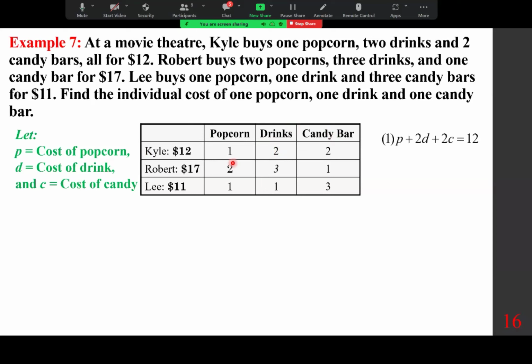For Robert, 2 times P, 3 times D, 1 times C gives us 17. And finally, for Lee, 1 times P, 1 times D plus 3 times C gives us 11. So these are the 3 equations. You solve them by any method. You decide what to get rid of and do the math.